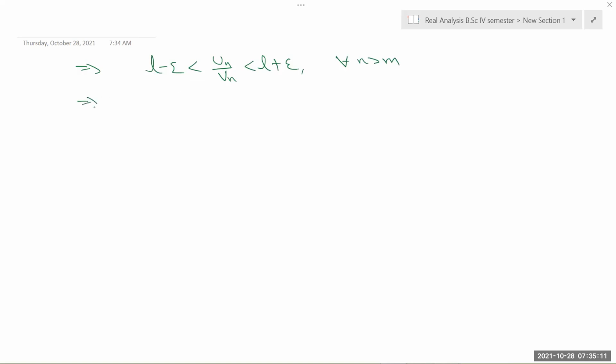Or in general, one can write it as L minus epsilon, because Vn is strictly greater than 0, so this one is defined. So I can write it as L minus epsilon into Vn is less than Un is less than L plus epsilon into Vn for every n greater than m.